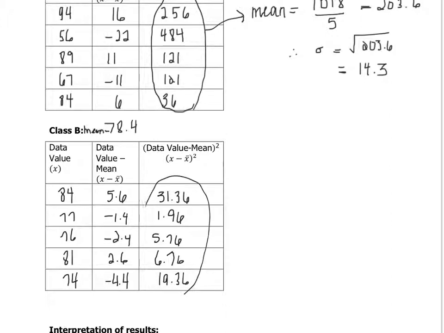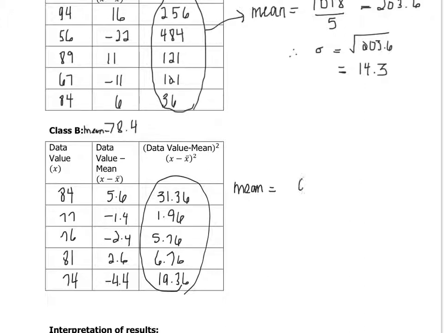So then taking the mean of this squared column would be 31.36 plus 1.96 plus 5.76 plus 6.76 plus 19.36.